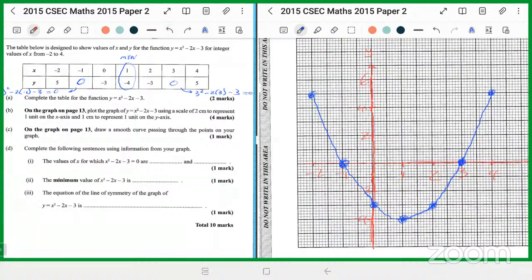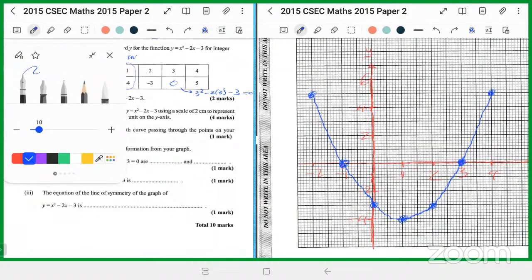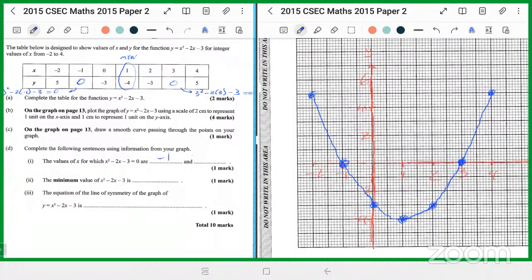See here now? This is where it equals 0, here and here. These are the values of x, basically where the graph meets the x-axis. Right here and right here. So -1 and 3.